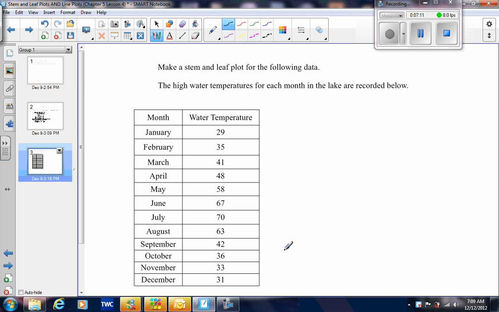That would be a nice wide range of over 100 degrees, and it would be a good stem and leaf plot also. So this one I just made up some information about a lake, looking at the water temperature in that lake, and you can see that we go from 29 degrees all the way up to 70 degrees here.